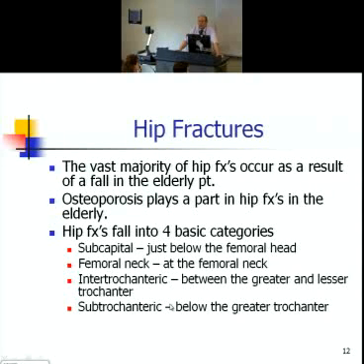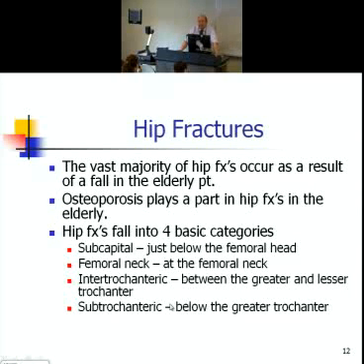There's not a loss in the length of the leg, but the fact that these two parts of the fracture were driven into one another makes for a much more stable fracture. As a result of that, sometimes these fractures can be just treated with two pins going right through the area of the fracture from the femur end into the femoral head. So right through the fracture, through that neck.